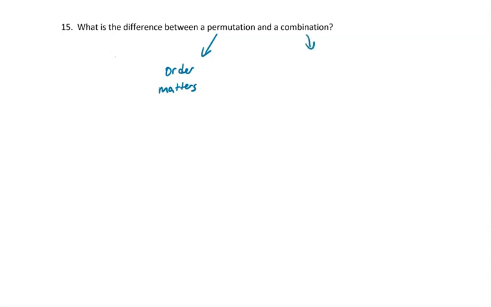For a combination, order does not matter. That's the big difference. And just remember to plug them into your calculator. This one's in PR, and this one will be in CR.